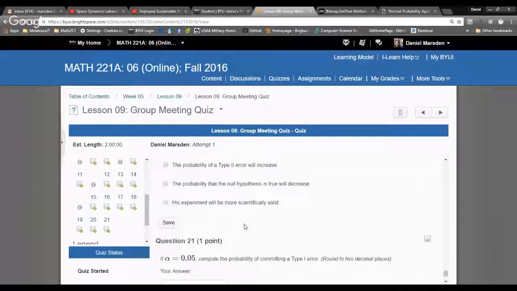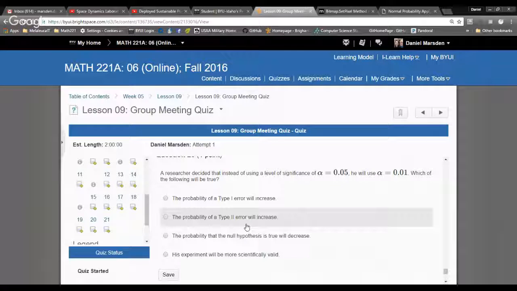Sweet. 2 more. All right. The researcher decided instead of using the level of significance of alpha equals 0.05, to use 0.01. Which of the following will be true? Ah, crap. Let's see. So the probability of doing a type 1 error will decrease. Probability of a type 2 error. It's definitely not A. I honestly don't know.